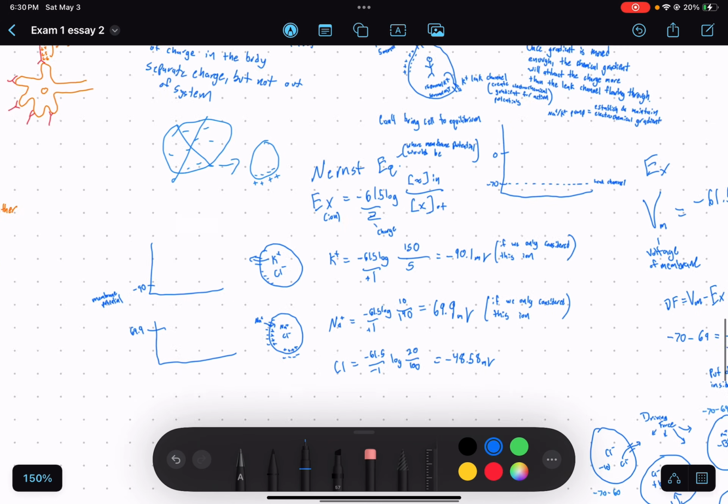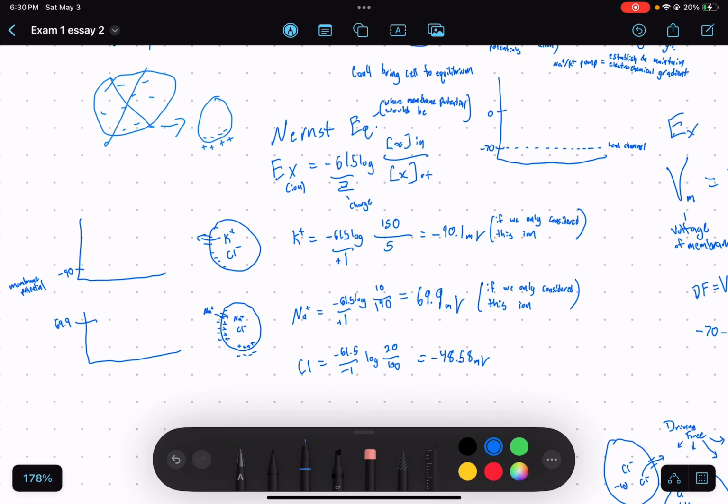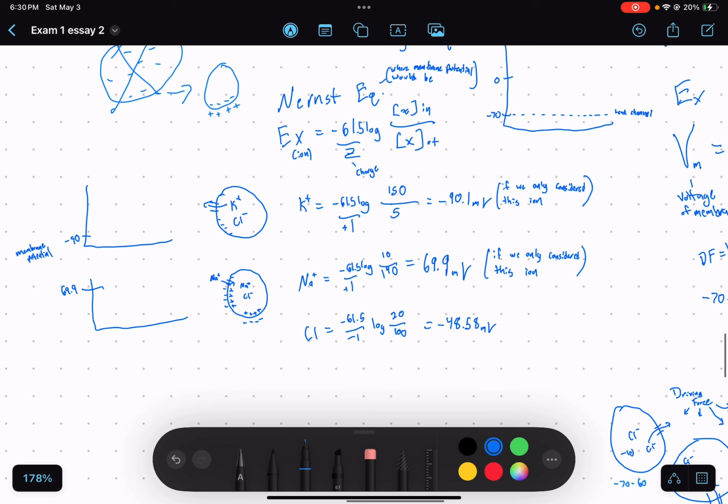All right. So next thing I'm going to discuss is the Nernst equation a little bit here. First things first, we show that the ion, where X equals the ion, as you can see here, is equal to negative 61.5 over the charge, which if it's potassium, is a +1. If it's chloride, it's going to equal -1.